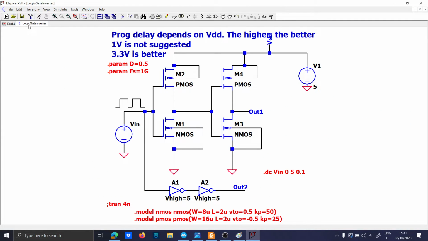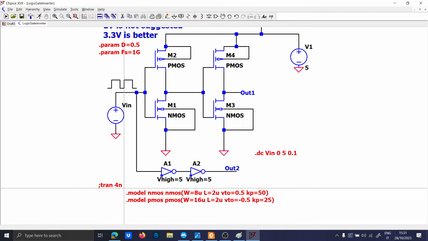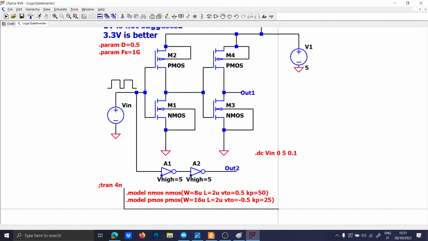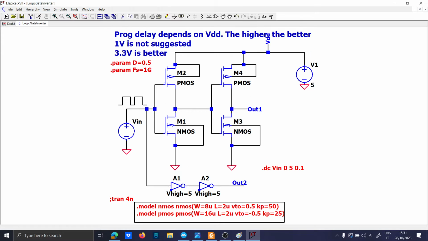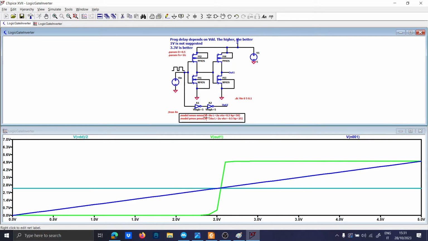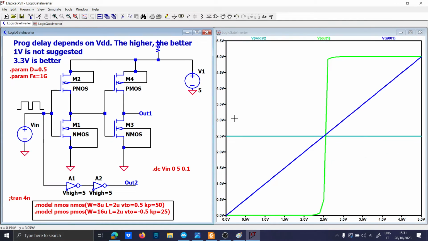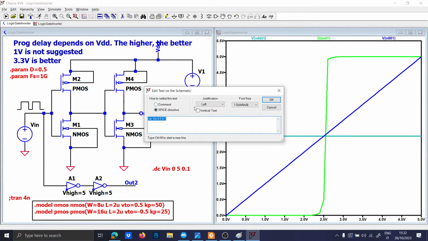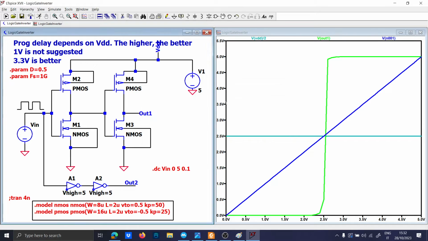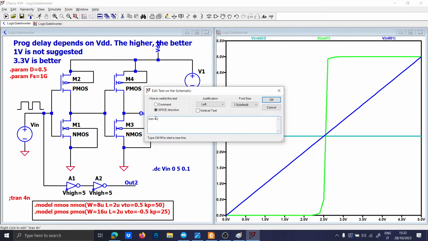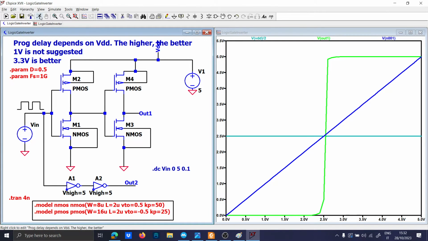Now let's run the simulation again, because we now put a real NMOS and real PMOS in the circuit. Let's run the simulation again, and okay, the characteristic has not changed at all. Let's check instead the transient as we did before.